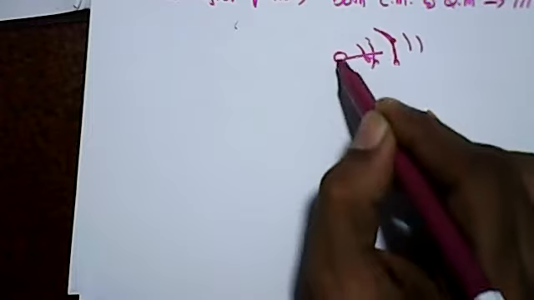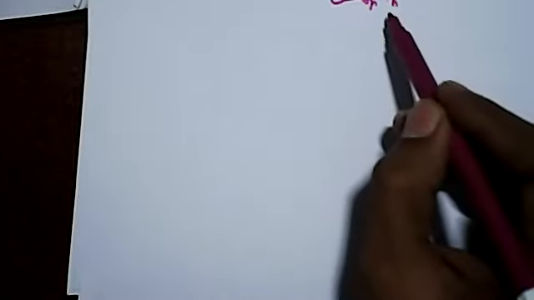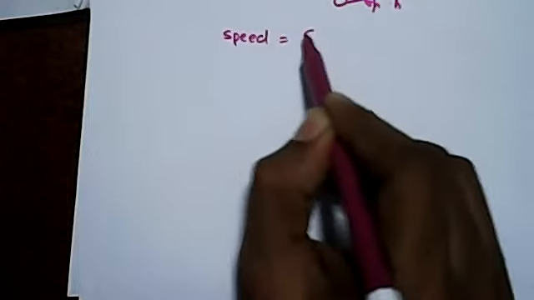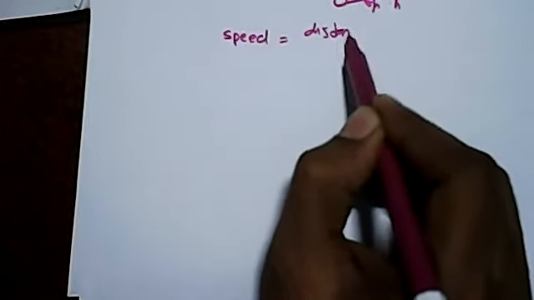This is the hydrogen nucleus. Let us see what is the frequency of this oscillation. We already know that speed or velocity is distance by time.